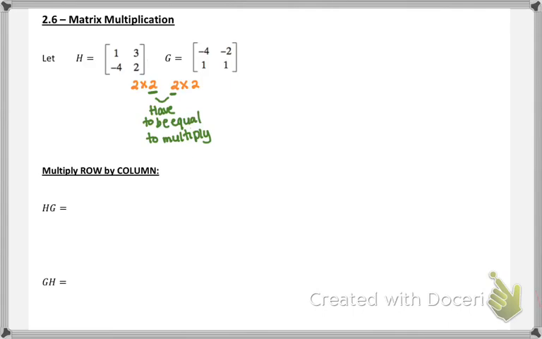Once we determine that it's possible to multiply the two matrices, the dimensions of the resulting matrix are given by the outer numbers. So with 2 by 2, I know that my resulting matrix is going to be 2 rows by 2 columns.